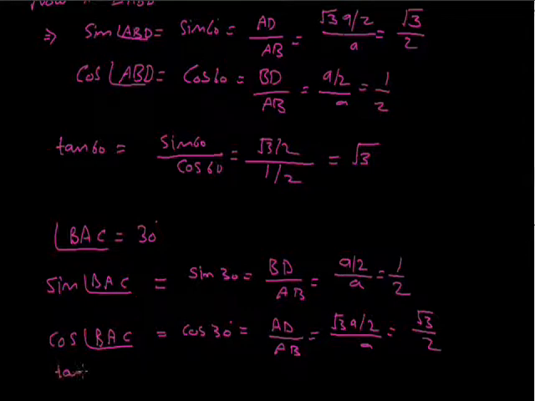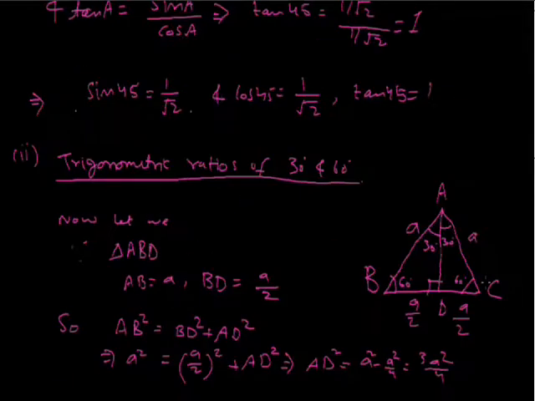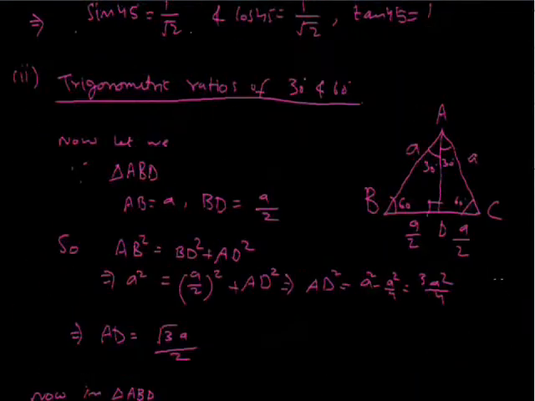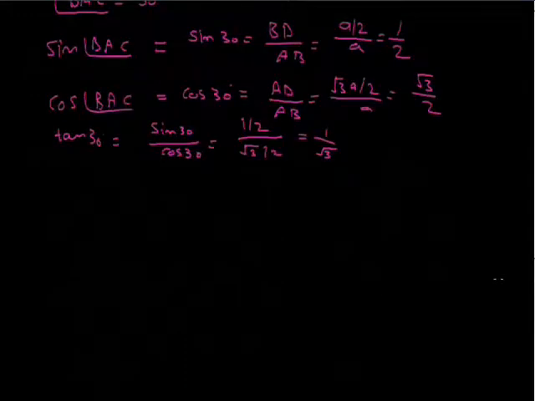Next, tan 30 degree equals sin 30 upon cos 30 equals 1 upon 2 upon root 3 upon 2 equals 1 upon root 3. So in this way we got the trigonometric ratios of 30 degree and 60 degree.